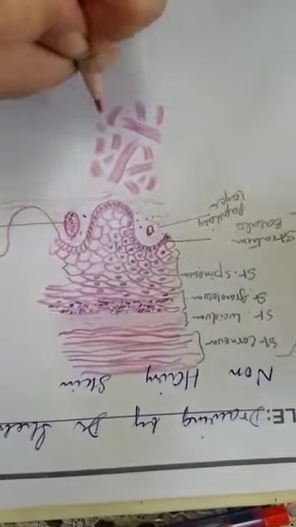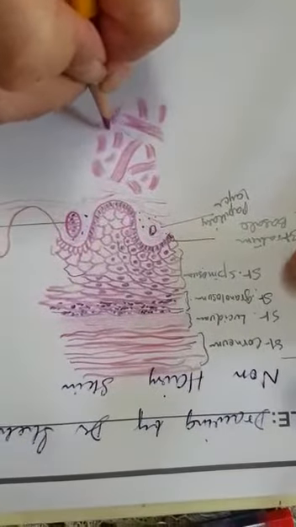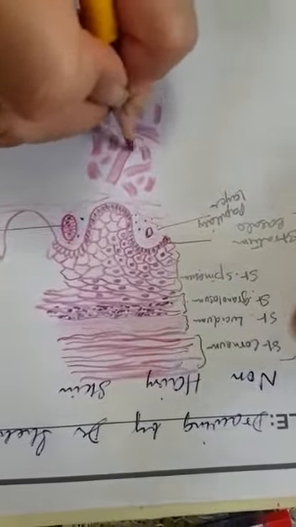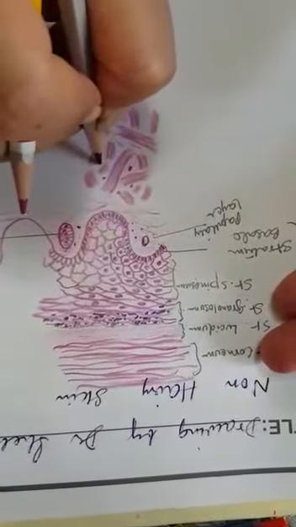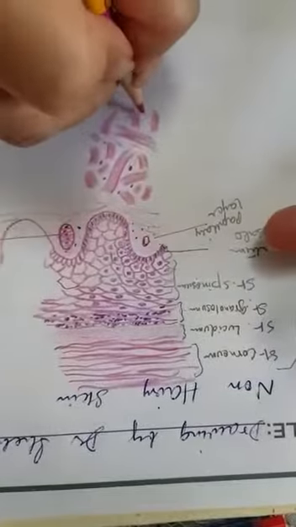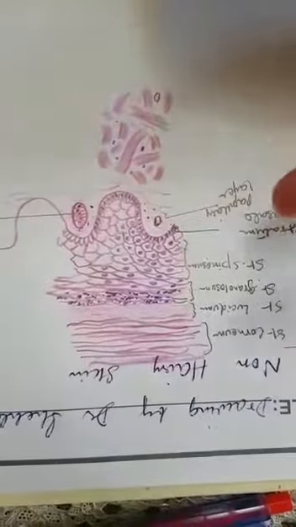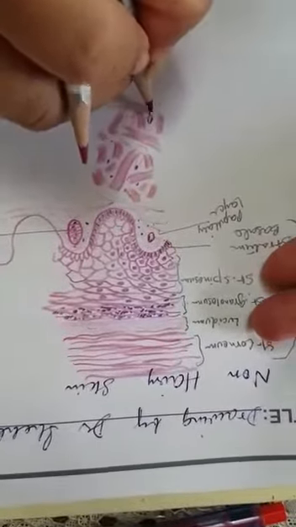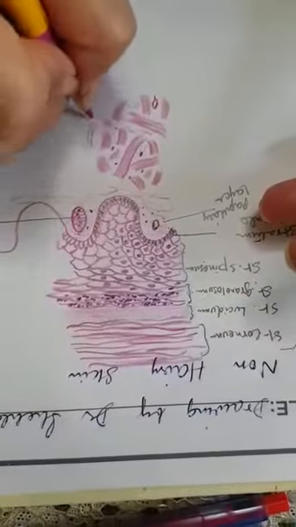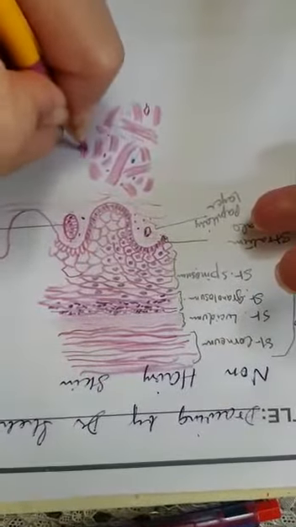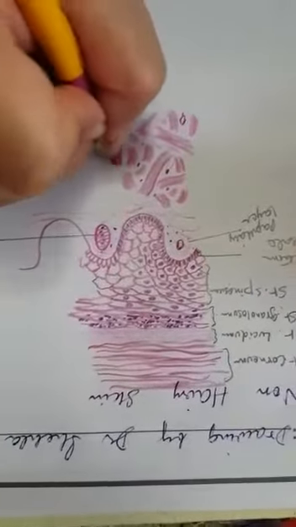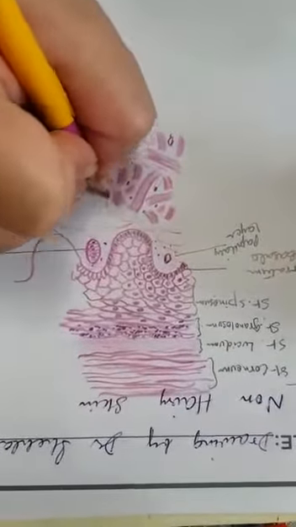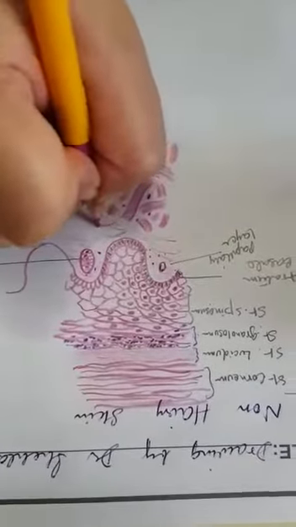And you know, in dense irregular connective tissue, in between these bundles there are elastic fibers, there are nuclei of fibroblasts and macrophages here, and also blood vessels are there. So you can draw blood vessels also between. You can just go back to your original practical of dense irregular connective tissue, having irregular bundles of collagenous fibers running in different directions.